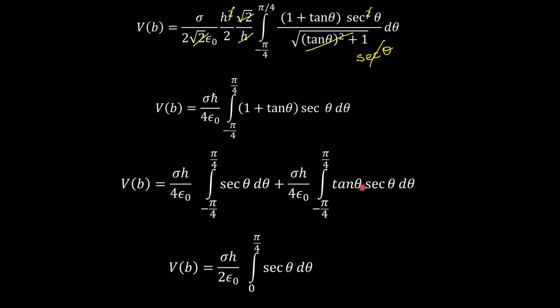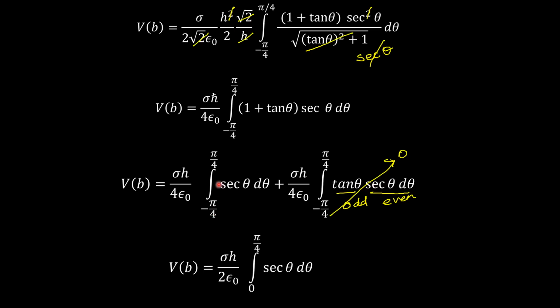Now you can see secant theta is even and tan theta is odd. So if you integrate an odd integrand between the symmetrical limit, this will be 0. Then what will happen to the first term?